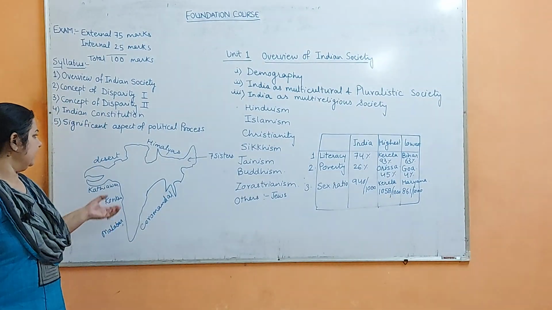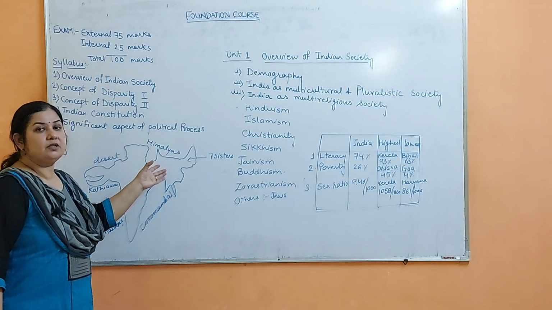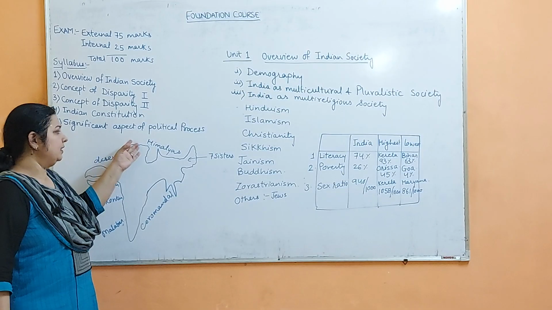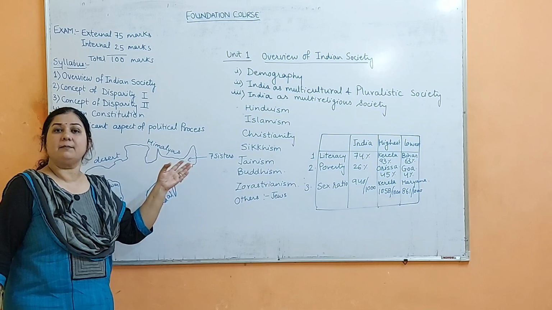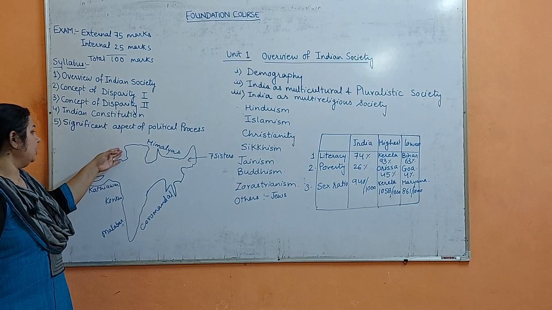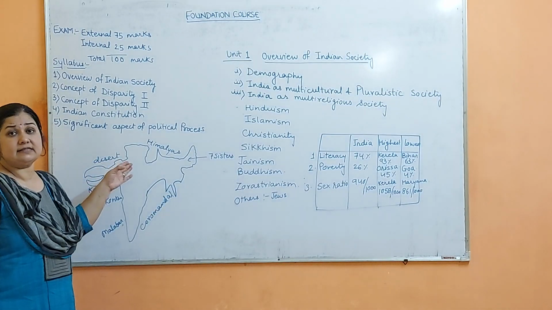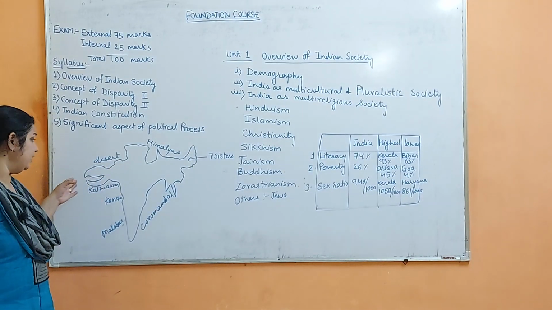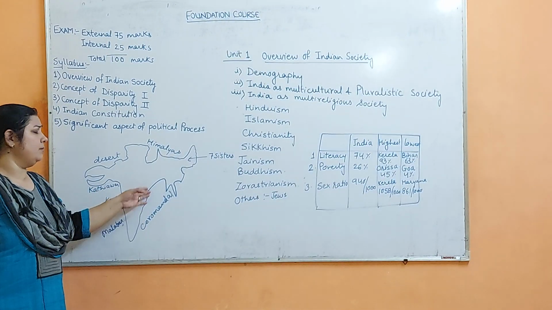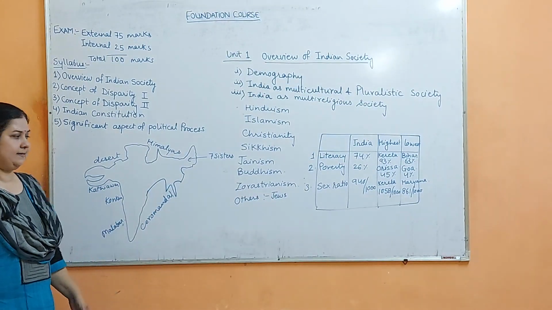So see, if we talk about the topography of India, we know that in the northern and northeastern region we have Himalayan mountain ranges, whereas in the northwest we have the desert, that is Thar desert, completely arid region. Then we have the coastal region on both sides, east and west.